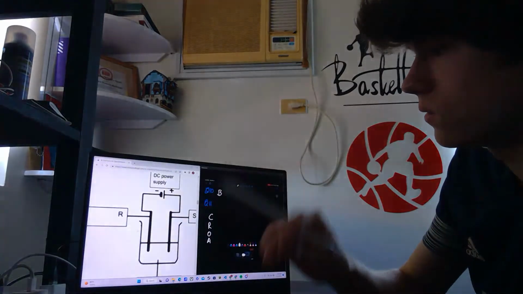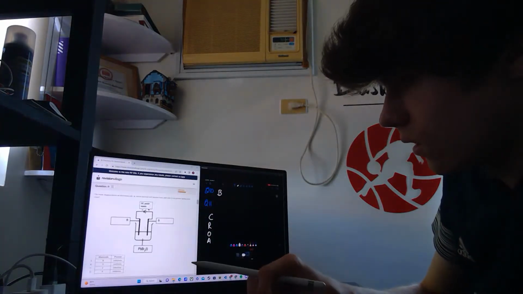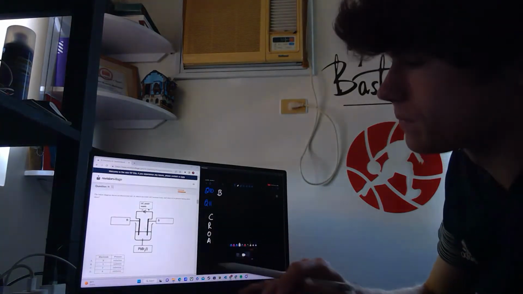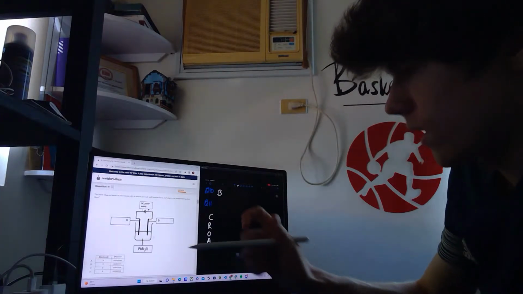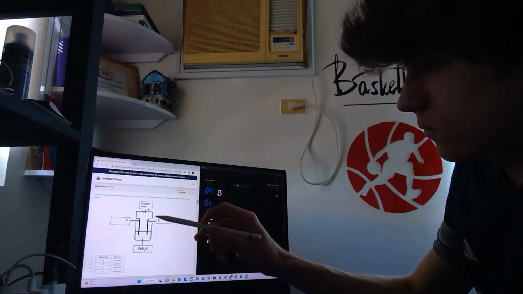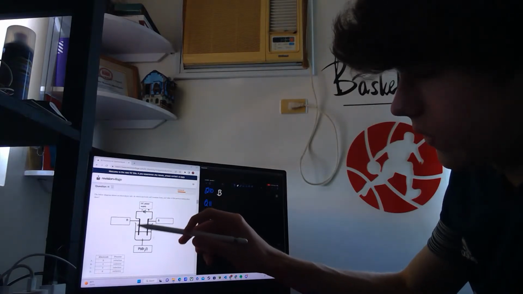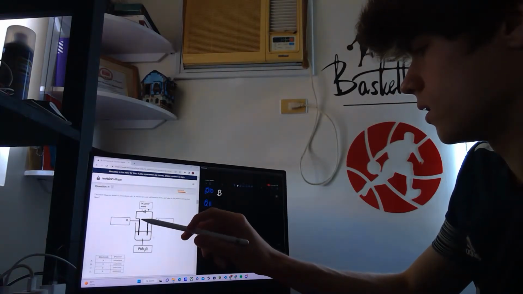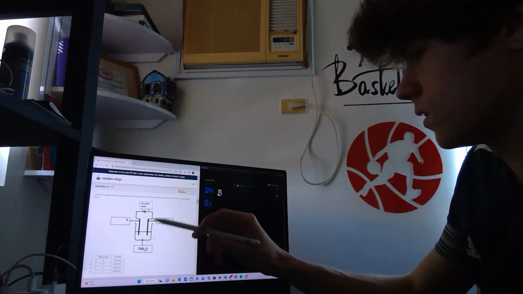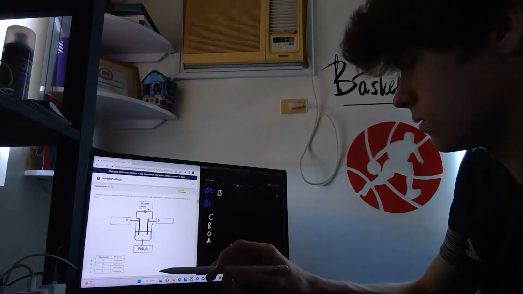So what they're trying to do, I think, is play a trick on you and flip it. So the flow of electrons will end up going towards R. So this is going to look like our cathode. S is going to be our anode.